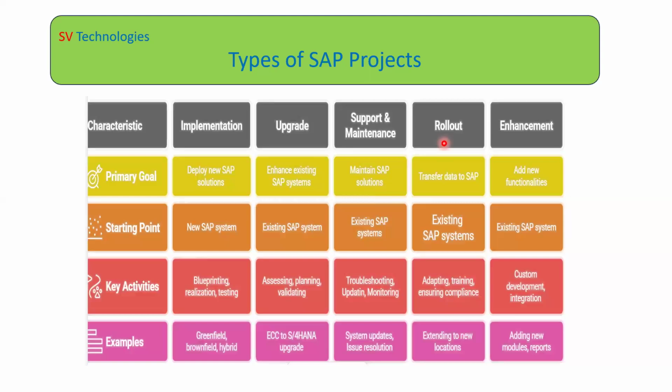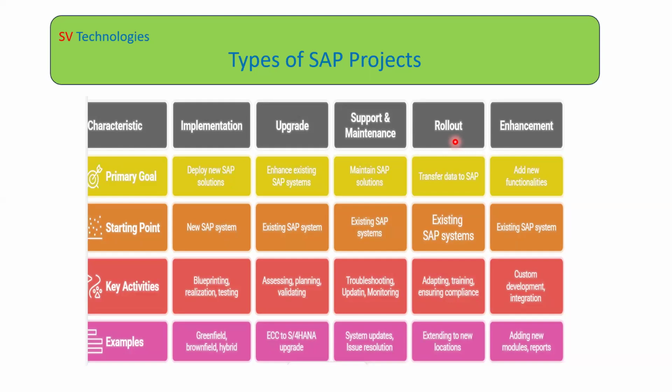The next type of project is rollout. Rollout is a simple project, I can say. For example, if a client has multiple plants in different locations. Let us take an automobile company, for example Mahindra and Mahindra.